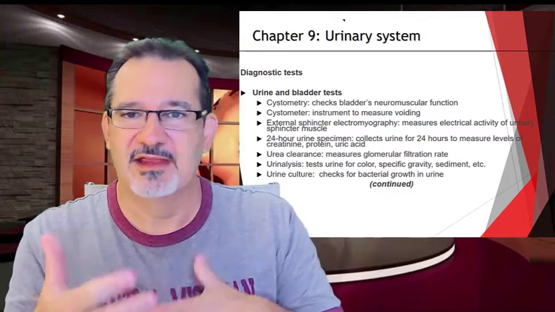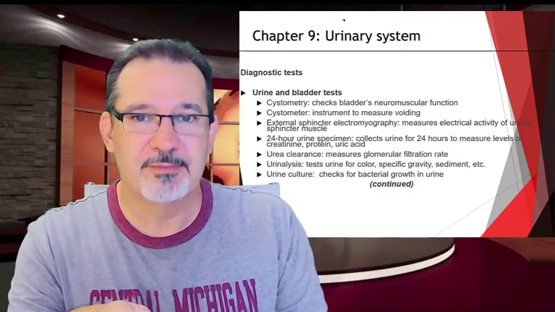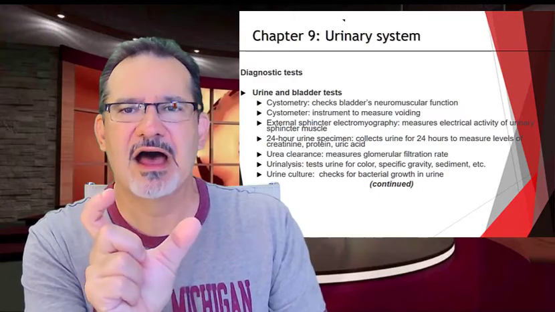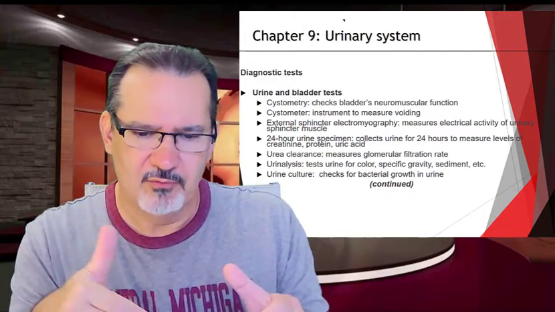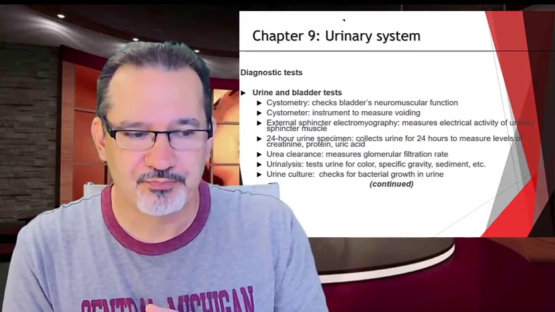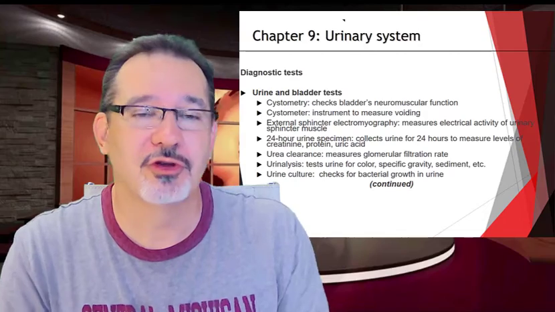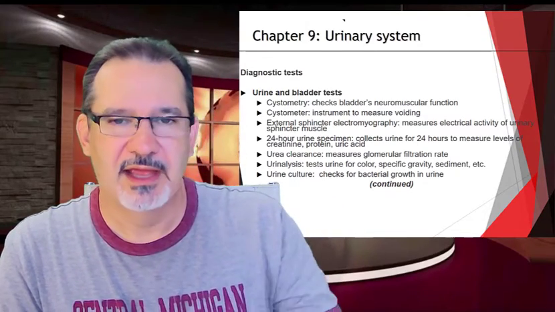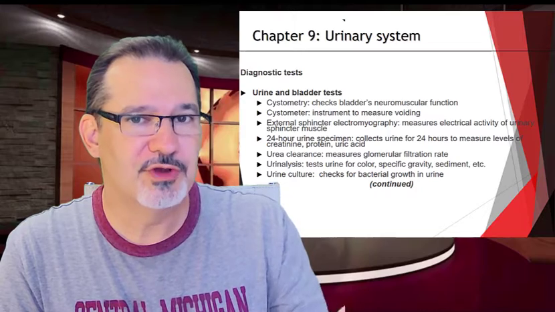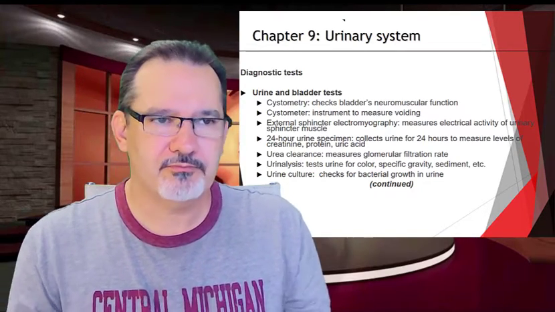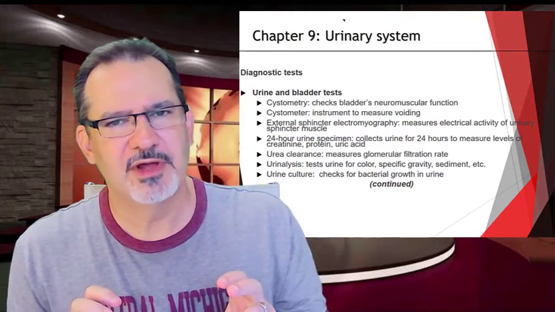So when we say urinalysis or a urine dip, we're talking about a strip that has about 9 different things on it. And when it comes into contact with urine, it will react and give us information about the urinary system and kidney function.